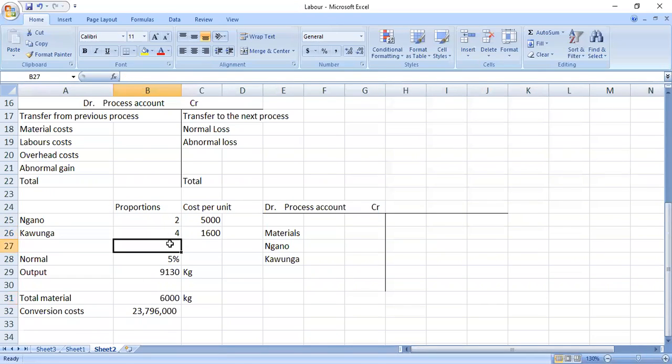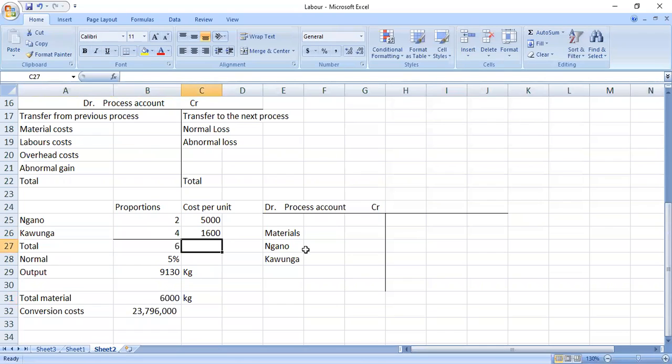So this is how we go about it. You get the total proportion, which is 6. So the 6K is represented by 6 in this case.